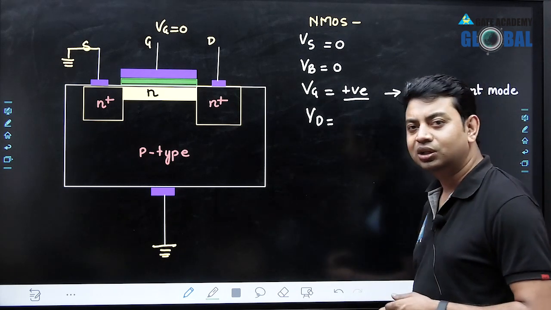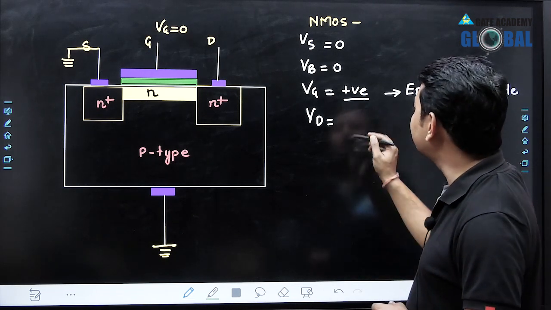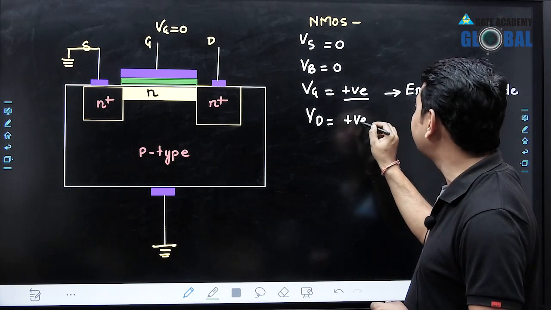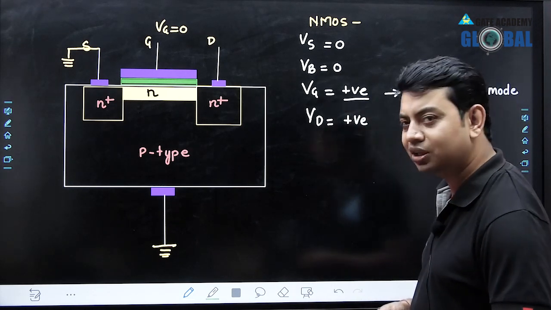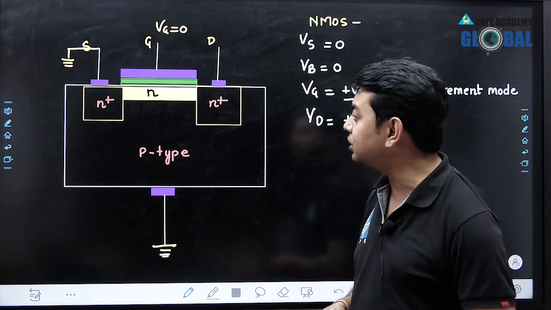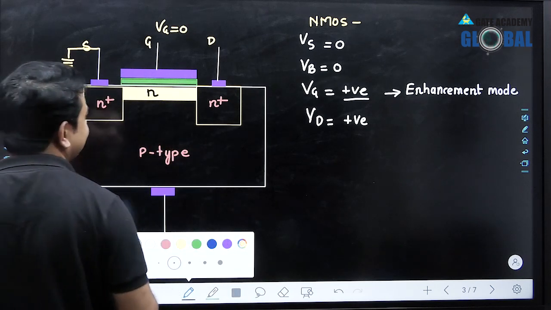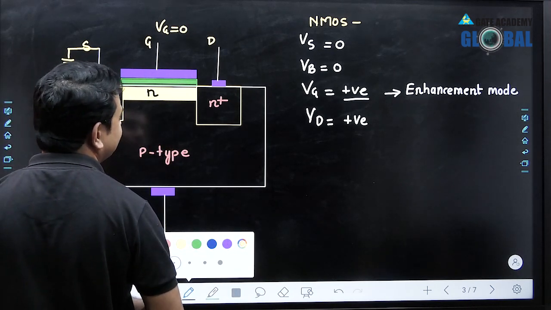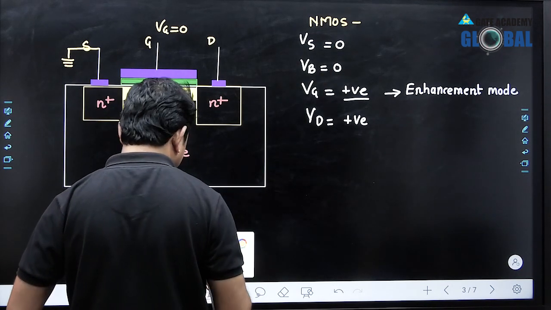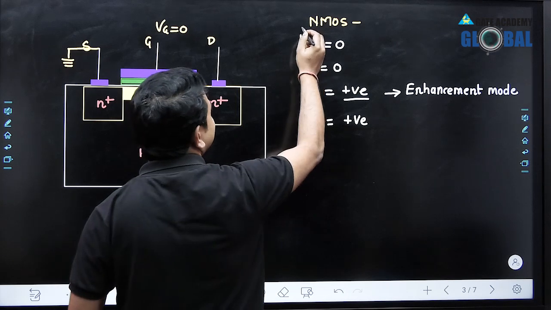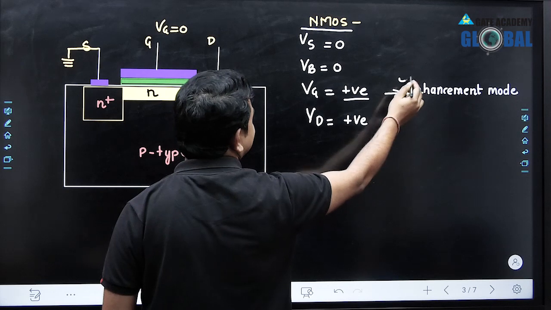So how do we understand what voltage is applied at the drain terminal? In an NMOS, the drain terminal voltage must always be a positive voltage. I can take this demonstration in either depletion type or enhancement type, because right now we are talking about enhancement NMOS, and whenever we have to create the difference between NMOS depletion type and enhancement type, then we will write it.